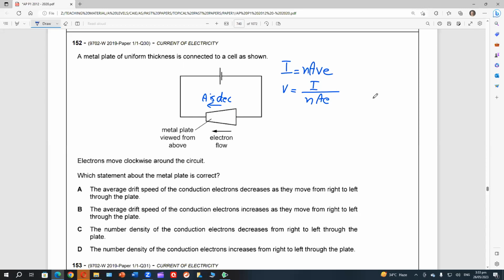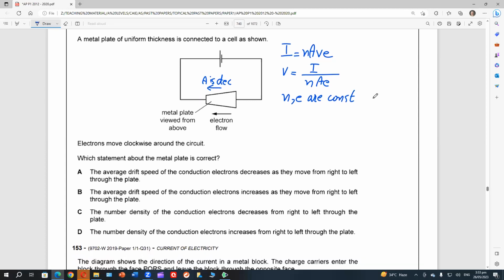Number density is a constant. So, according to I is equal to nAve, the area and the drift velocity are inversely proportional. And from the equation V, this is the relation.